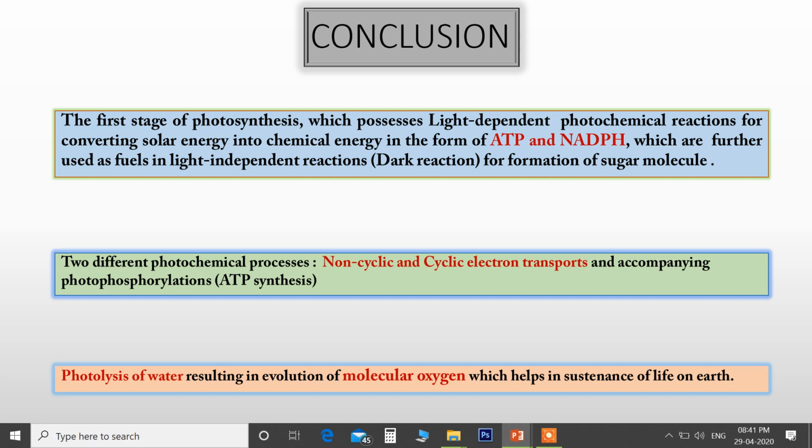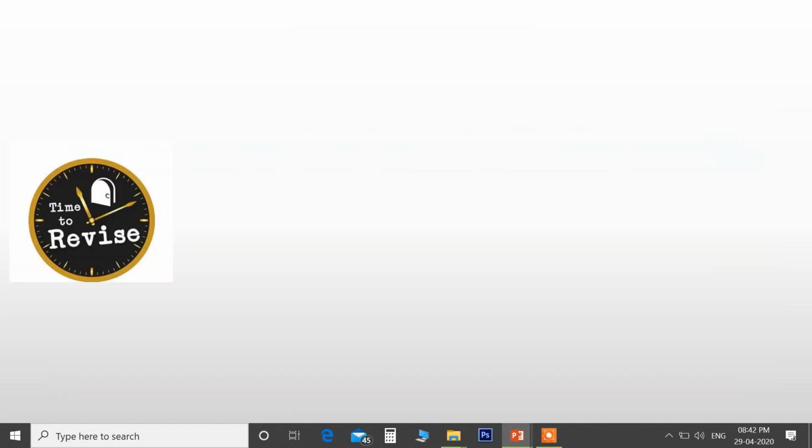So I think everybody understood well about the process of light reaction. So now it's the time to revise. Here are some questions and you all try to answer them. Where does light reaction take place?